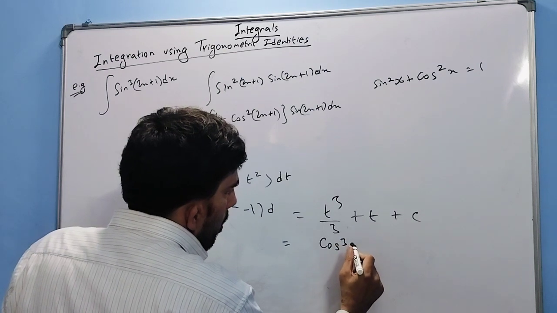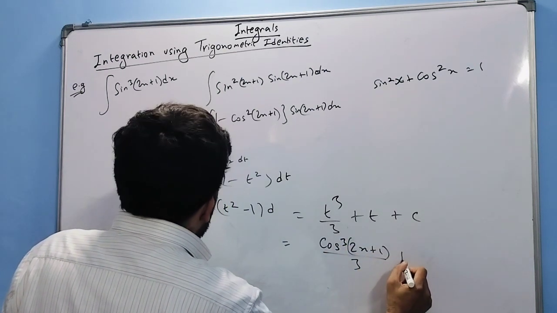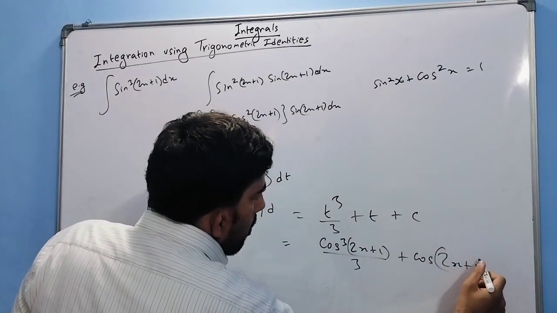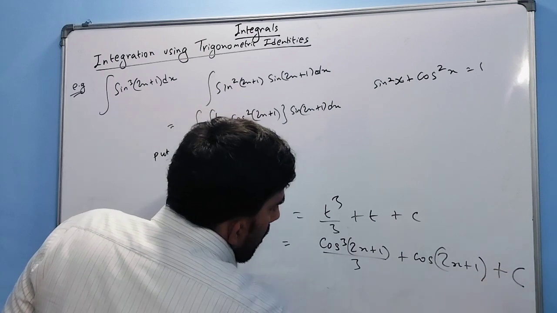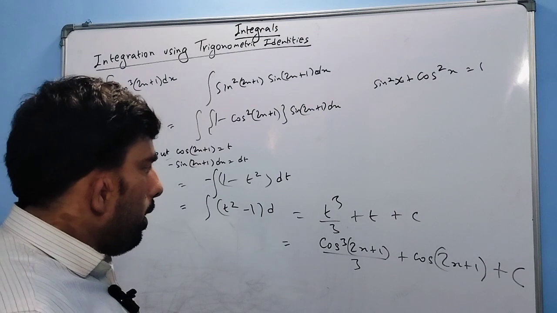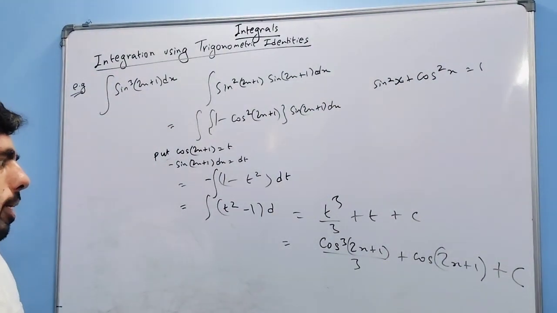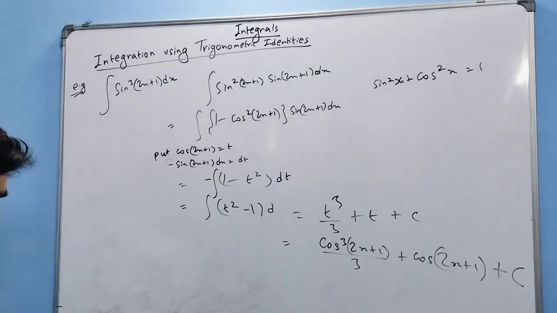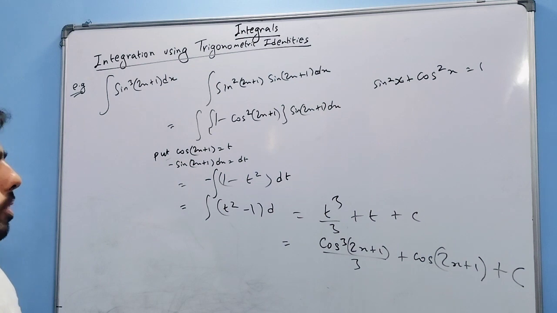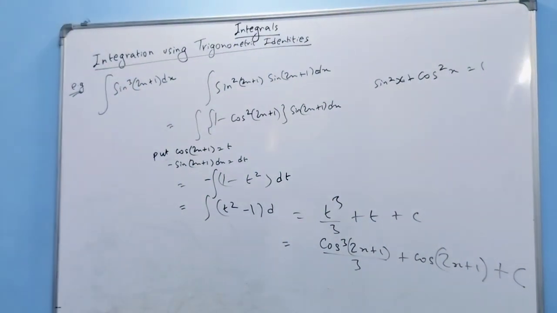So cos cube(2x+1) upon 3 plus cos(2x+1) plus c. So that is how we have used the identity. After using the identity, I got my answer. Here I have also used the substitution method, which we have learned previously. Now we'll solve the next numerical.